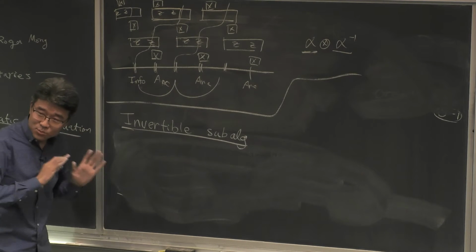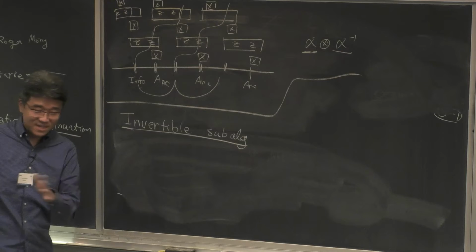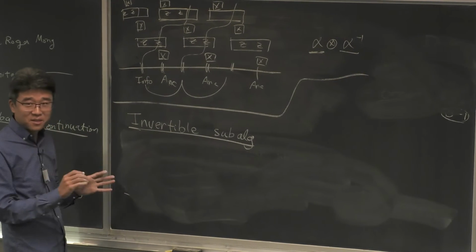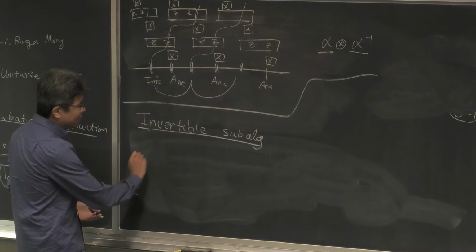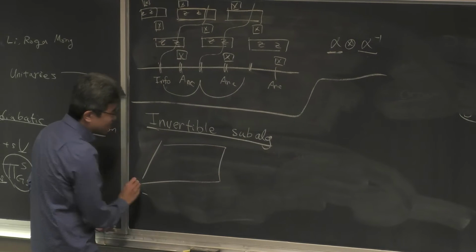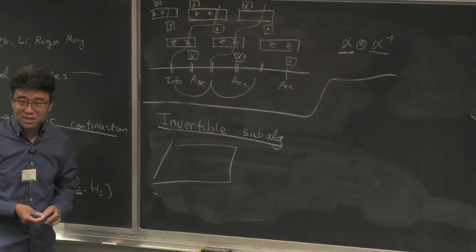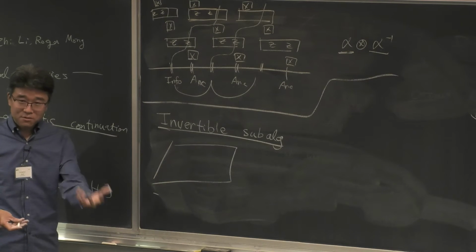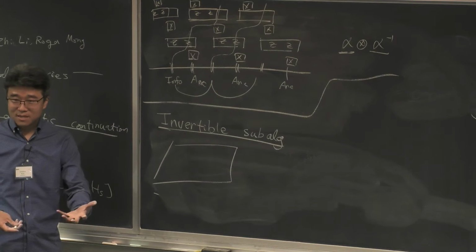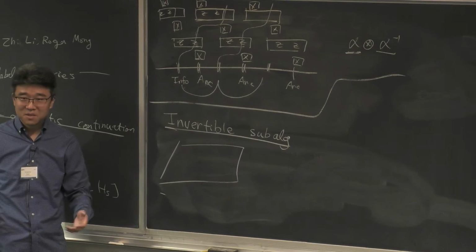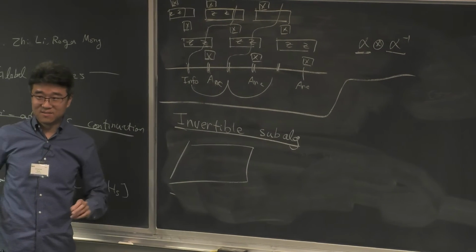So now put all the measurement or circuit stuff aside for a moment and just focus on the algebra side. What I'm going to talk about is just the usual operator algebra on lattices. So how do you construct the operator algebra? You have a matrix algebra for each qubit, and then you tensor product them, and you take a thermodynamic limit.